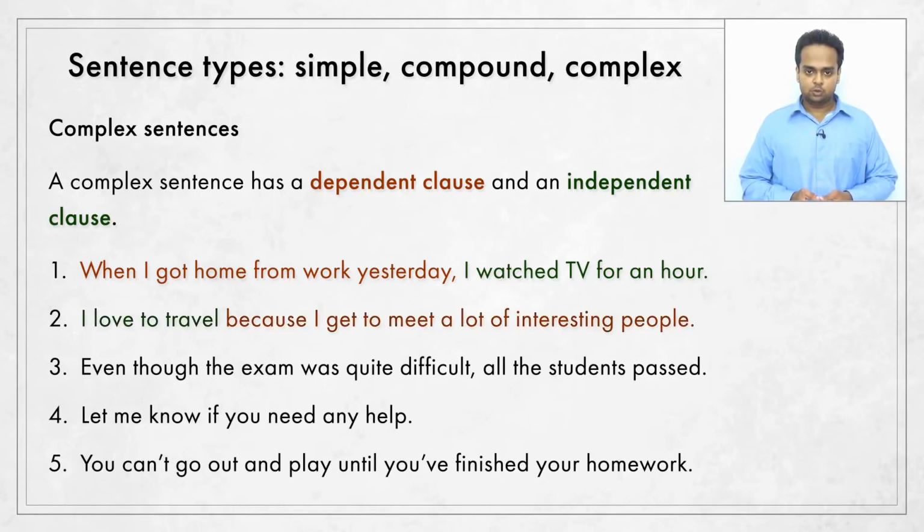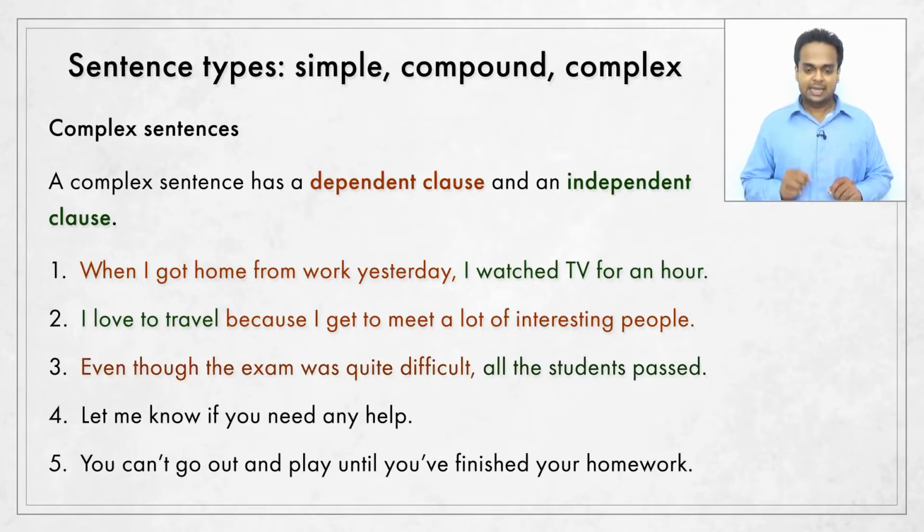All right, in number 2, I love to travel is the independent clause, and because I get to meet a lot of interesting people is the dependent clause. Now in sentence number 1, we saw that the dependent clause came first, and here in number 2, the dependent clause comes second. That's okay. In complex sentences, you can put the clauses in any order. That's no problem.